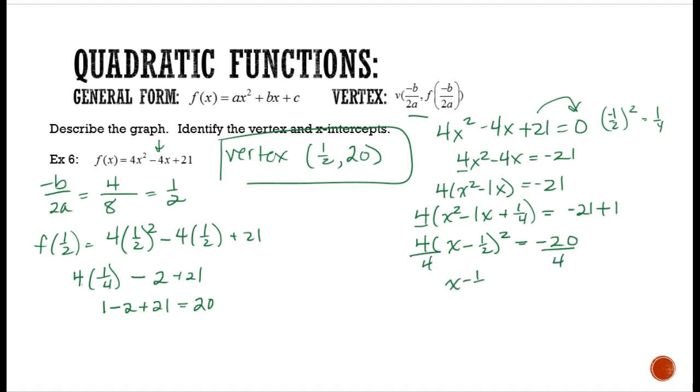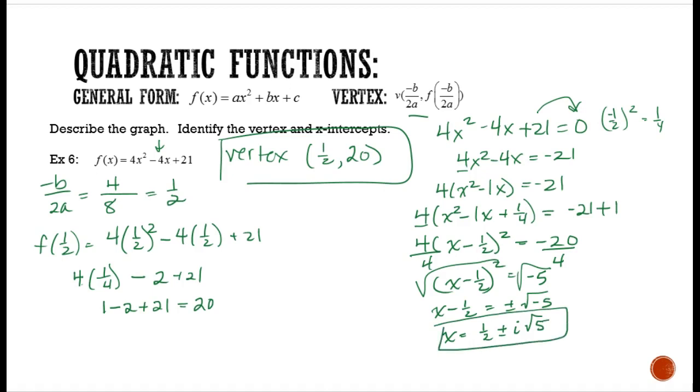So I have x minus 1/2 squared equals -5. Now I can take the square root of both, and I'm going to get x minus 1/2 equals plus or minus the square root of -5. Move that 1/2 over, positive 1/2 plus or minus i square root of 5, right?